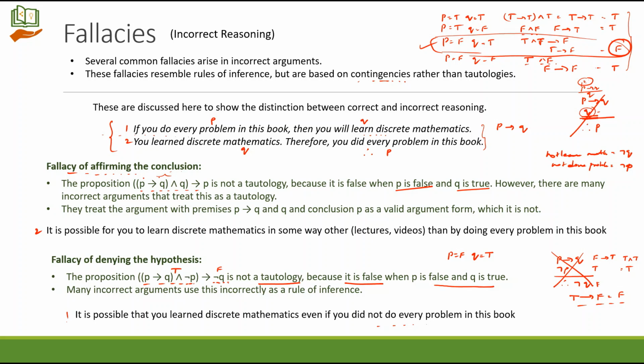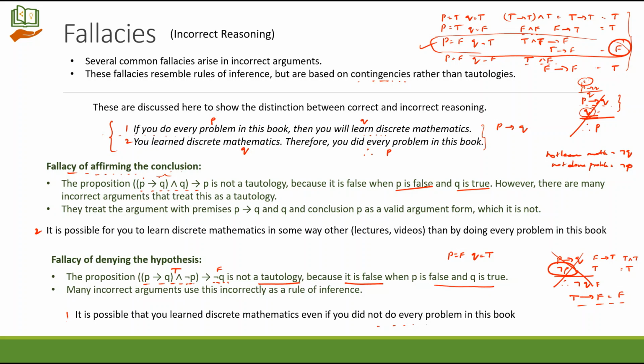So what are we actually denying here? We are denying the hypothesis. This is fallacy of denying the hypothesis. Whatever comes along with the conditional statement in the premises part, that is what is being labeled as other term to rule of inference.